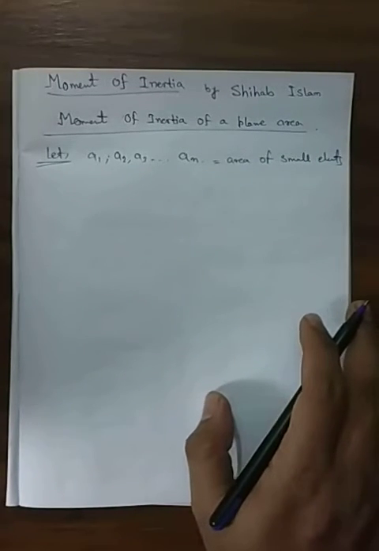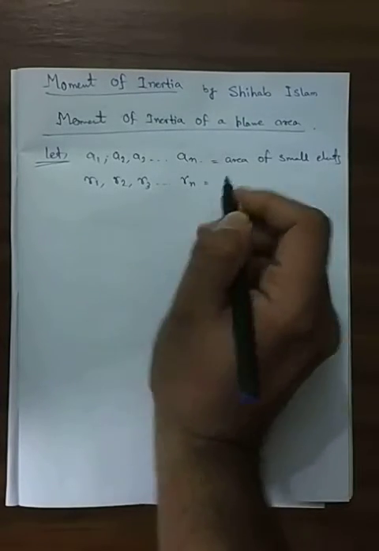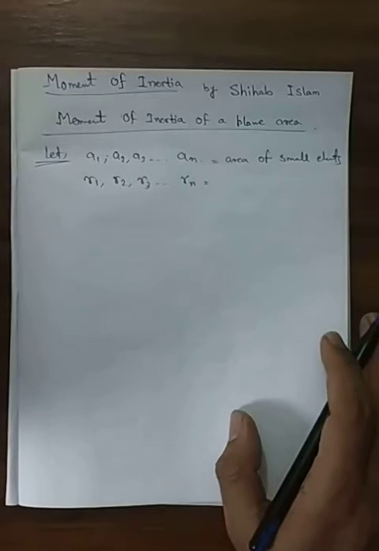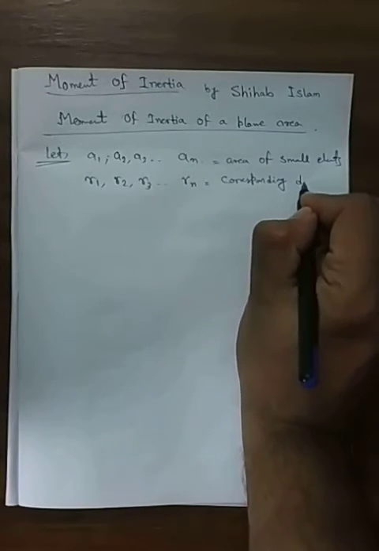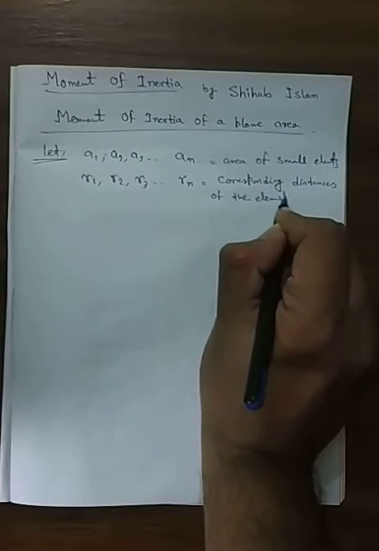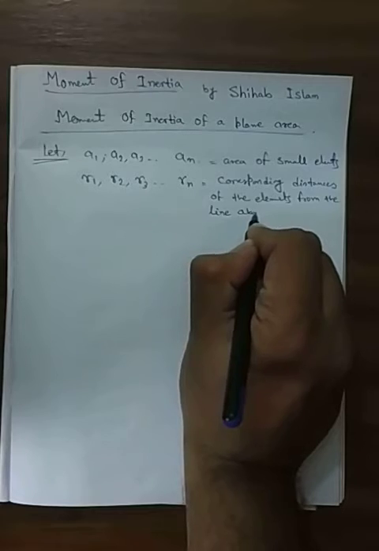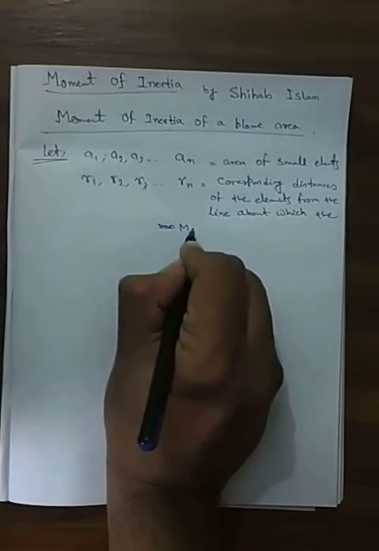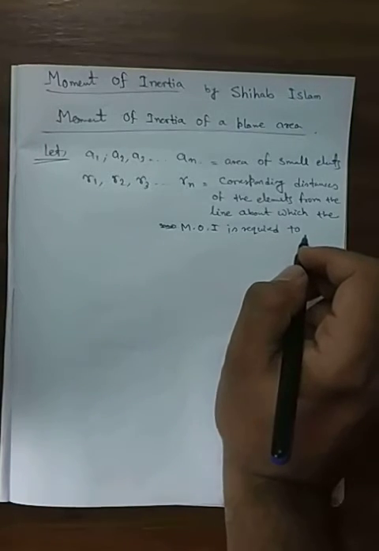Okay, and R1, R2, R3 up to Rn are the corresponding distances of the elements from the line about which the moment of inertia is required to be found out.